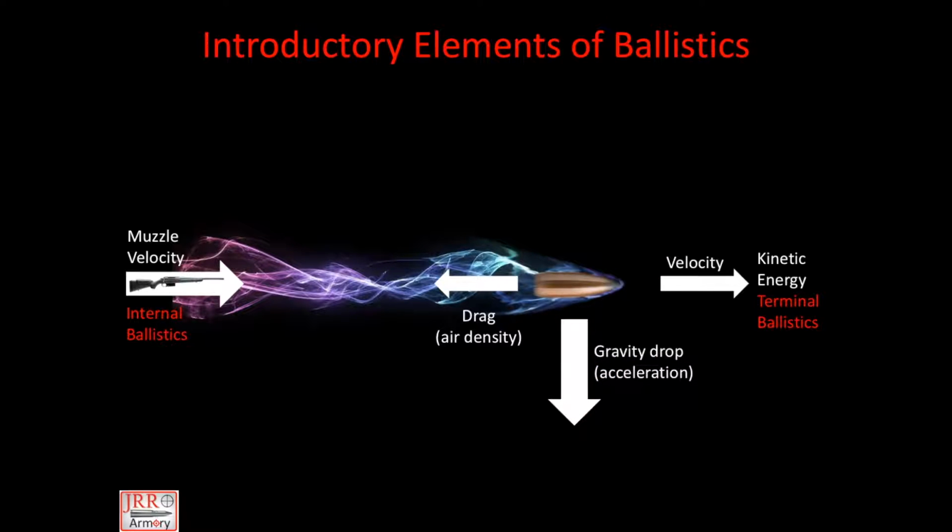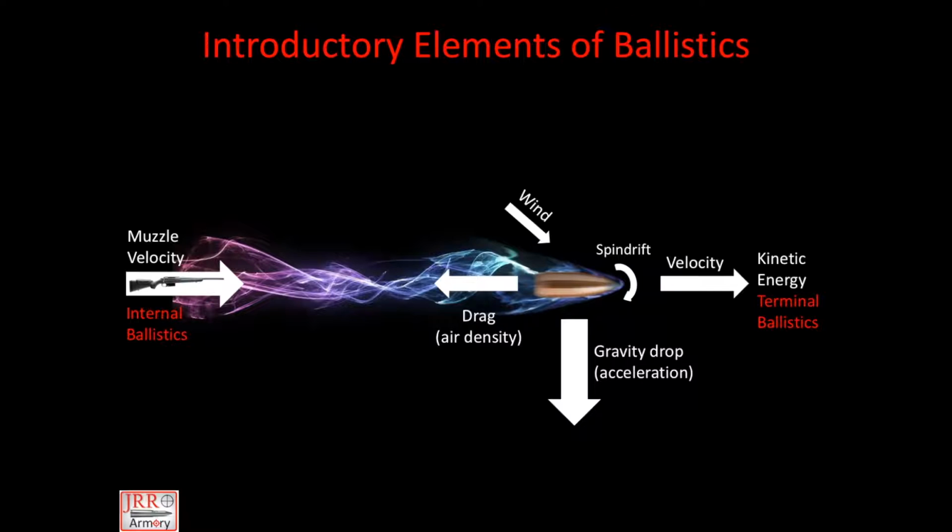The other major force is the gravity drop, which is an accelerating force. So when we are looking at long-range shooting, we have to account for that. Wind can also be a factor depending on the atmospheric conditions at the time. And finally, spin drift, because the bullets out of rifles are spin stabilized these days.